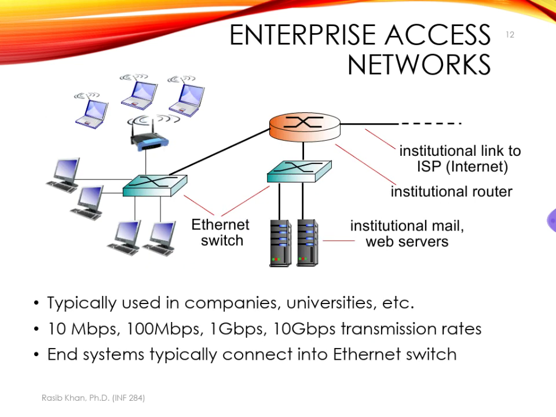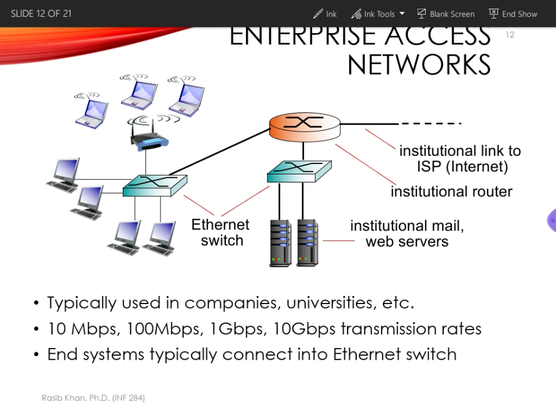On the other hand, if you look at enterprise access networks, which are slightly more complex and a bit more heavy duty than home access networks, we have what we call institutional link to ISPs. So these are much more high bandwidth connections with a higher guaranteed speed.